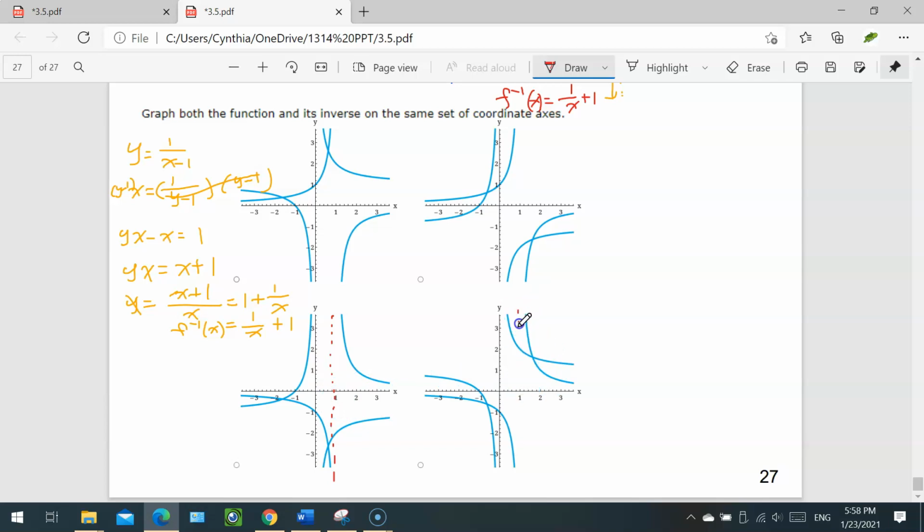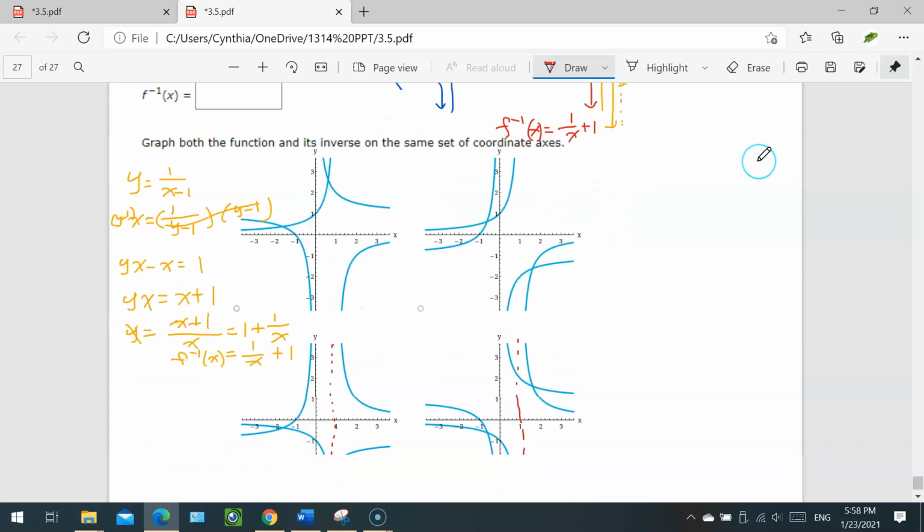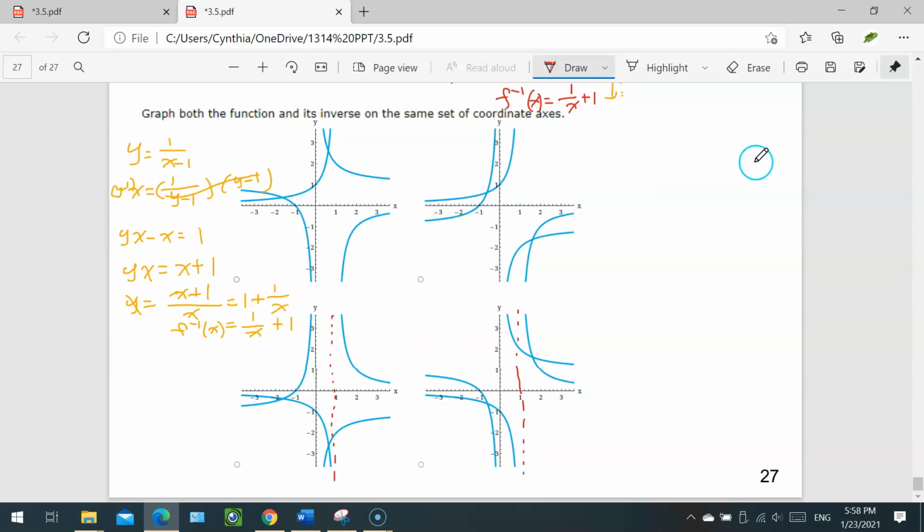This one has a vertical asymptote at 1 as well. The inverse function has the horizontal asymptote at y equal 1. When I look at the graph of this one, it has the horizontal asymptote at 1 as well. So I will say D is correct.